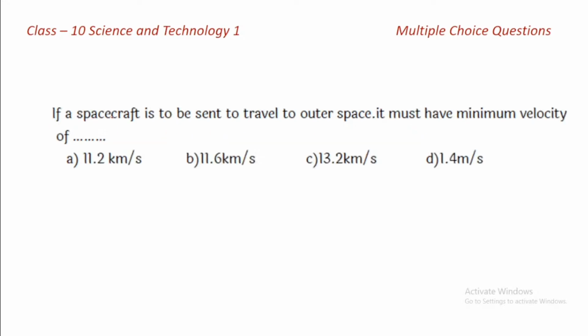If a spacecraft is to travel to outer space, it must have a minimum velocity of dot dot. 11.2 km per second, 11.6 km per second, 13.2 km per second, or 1.4 meter per second. The correct answer is option A. The minimum velocity must be 11.2 km per second.